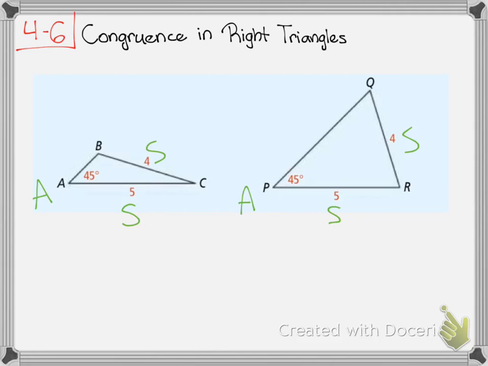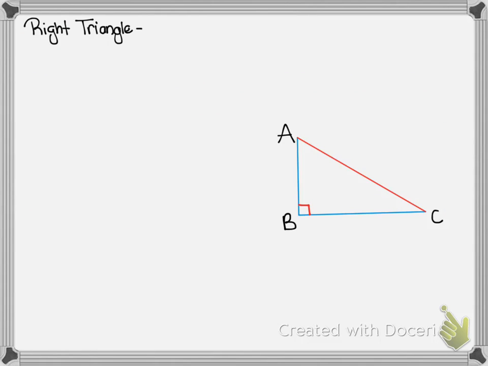Before we get into that though, I want to look at a right triangle and look at the different parts, some of which you probably already know, but I want to refresh your memory a little bit. A right triangle is just a triangle with a right angle. Just one right angle. And if you think about it, a triangle can only have one right angle, because if it had two, that'd be 90 plus 90, which is 180.